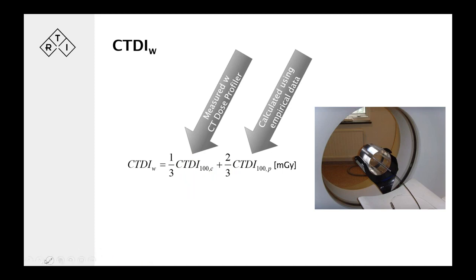If we know the scanner type, we know the kV setting, we know what generator it is, and the type of phantom, if it's a body or a head phantom, we can then calculate this value and get us a CTDI weighted model.